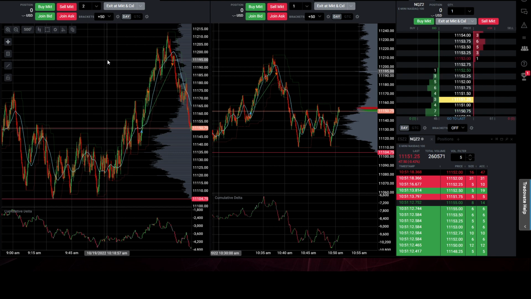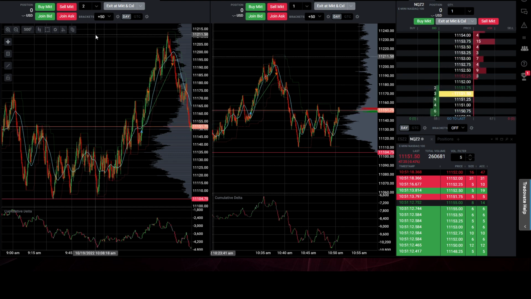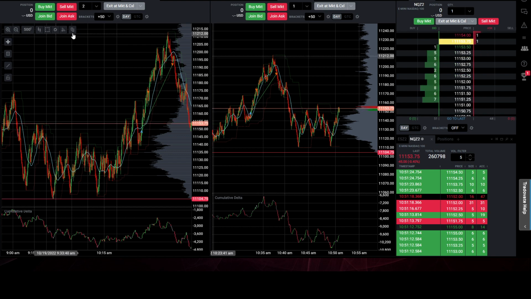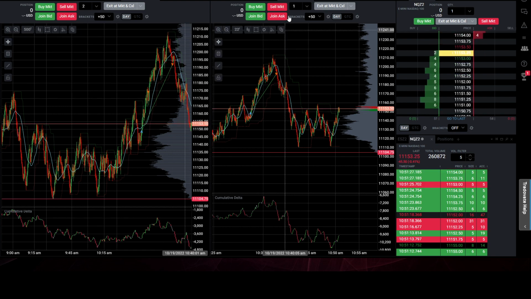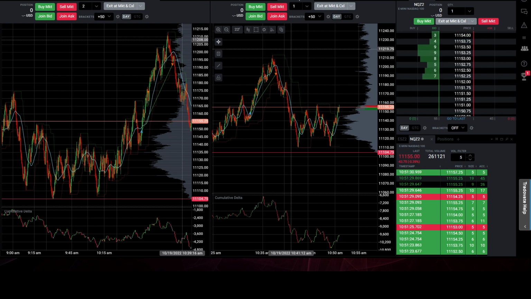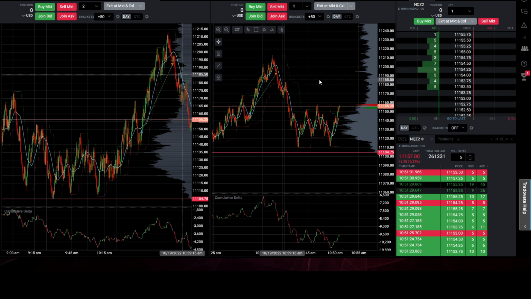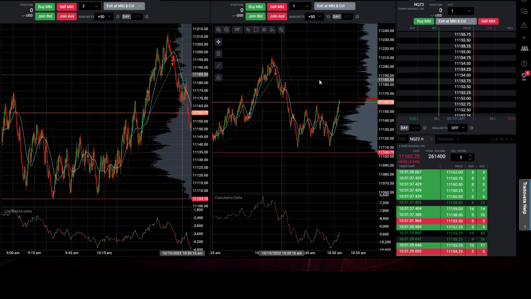I like to trade in the 22 range, where the candles are 22 ticks.